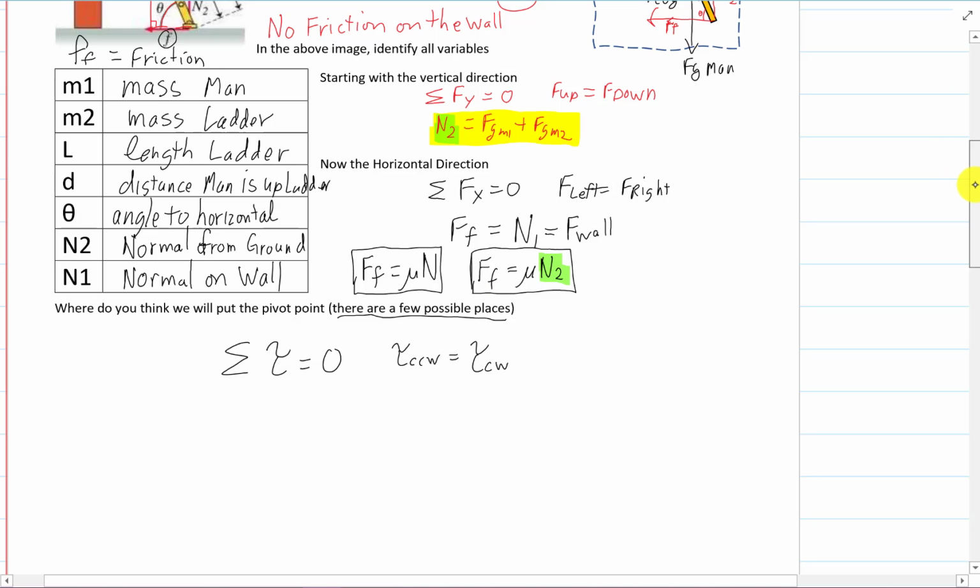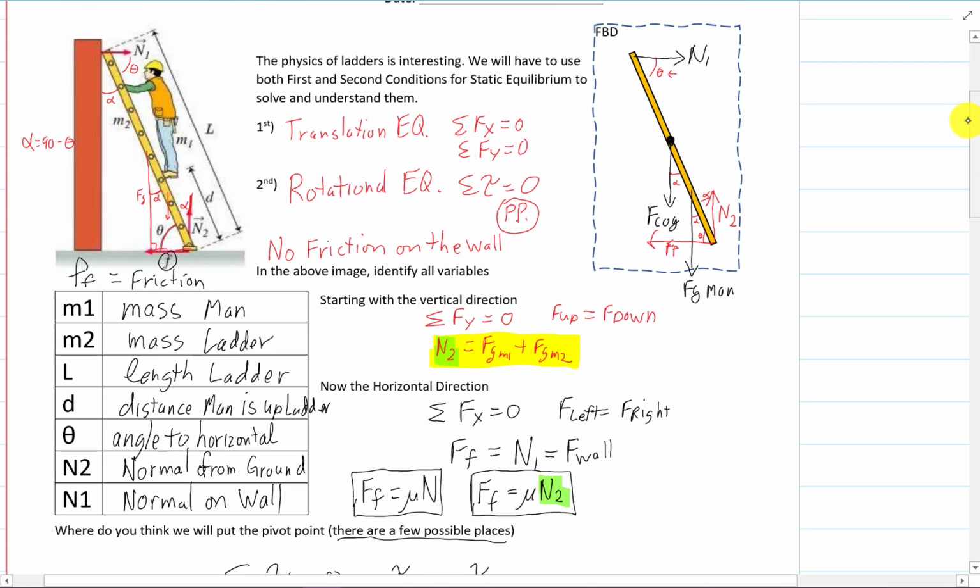The logical one that I see is down here. Why? There's two forces there. So that gets rid of two torques out of summing of the 5 torques that are there. There are 5 forces.